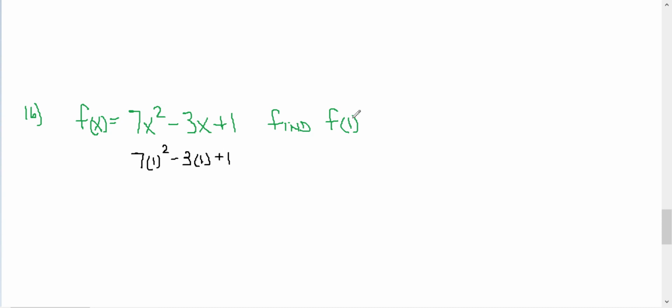I'm putting all these values of f in parentheses. So when I do the order of operations, I've got 1 squared is 1 times 7. Negative 3 times 1 is negative 3, plus the 1. 7 minus 3 is 4, plus 1 is 5.